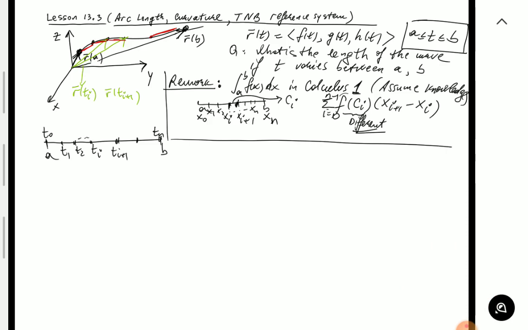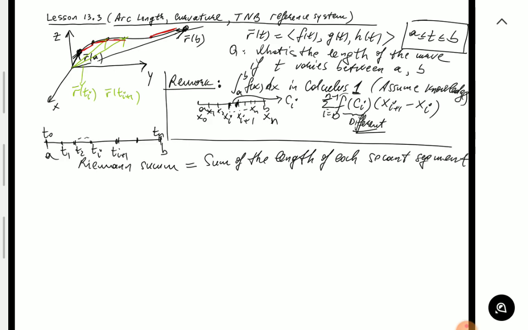So in this case, if I were to set up the Riemann sum to approximate the length of the curve, that should be basically the sum of the length of each secant line, or secant segment if you want, that connects those intermediate points. But remember vector operations, right? So again, let's zoom out a little bit here so you can see the picture.